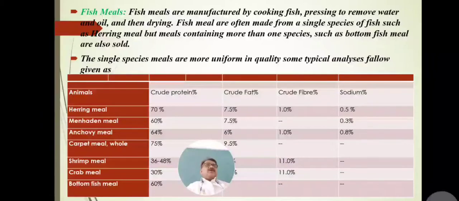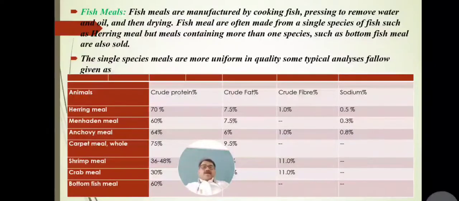More than one species is used to prepare the meal. Fish meals produced from single species or from more than one species, such as herring, mackerel, sardines, and bottom fish meal, are all sold in the market.